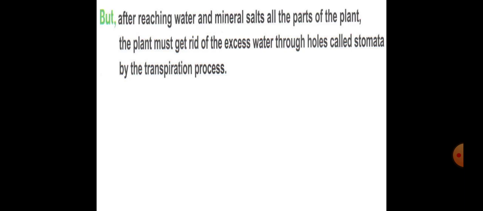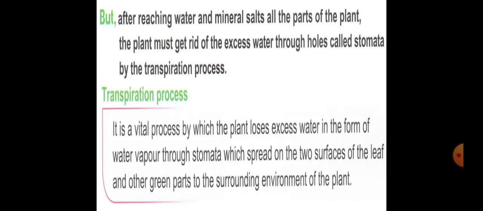But after the water and mineral salts reach all the parts of the plant, the plant must get rid of the excess water through holes called stomata by a process called the transpiration process. What is the transpiration process?